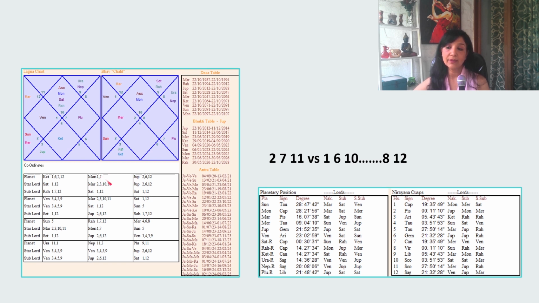See, 3, 7, 11. The 10th house is there, but the source is the 7th house. Then come to Mars, which is showing dating time. Then come to Rahu. The 7th house is getting involved: 2, 7. And remember, Jupiter has 2, 5, 11. So it got into a serious relationship.